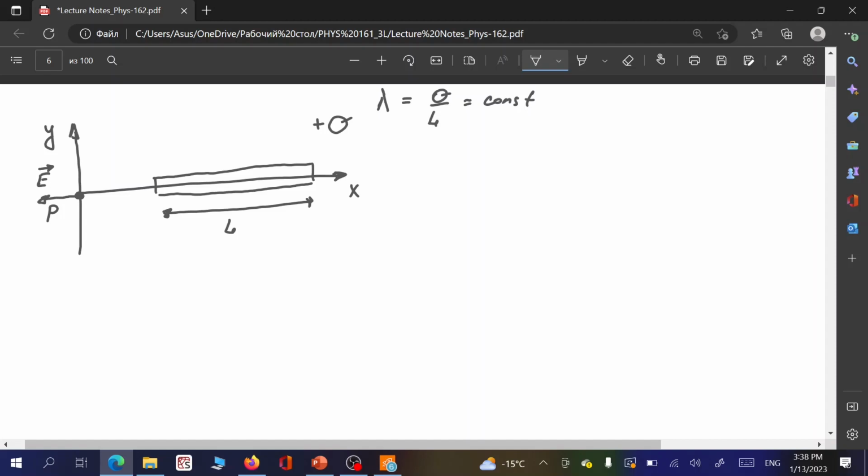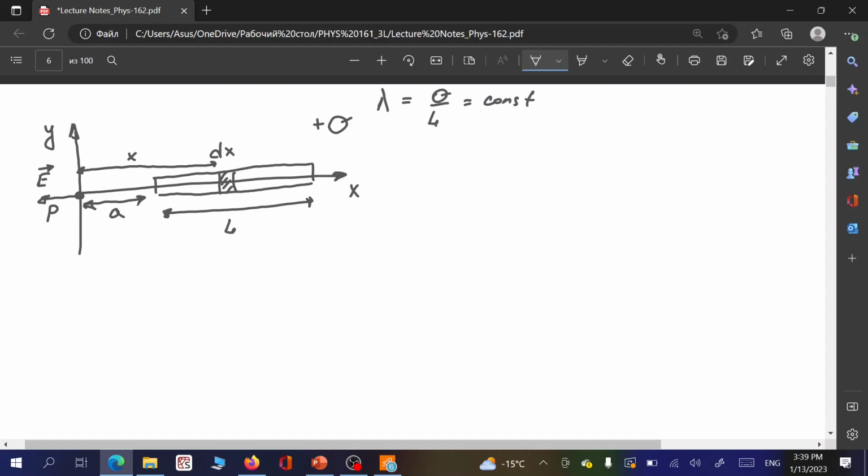According to the symmetry of the case and the positive charge, this electric field vector will be oriented as shown here, parallel but opposite to the axis X. Now we define some small element of this rod, this continuum of electric charges, with the length dx at the distance x from this point P. We also need to define the position of this rod with respect to the point P. So that is distance A from this point P to the left edge of the rod.